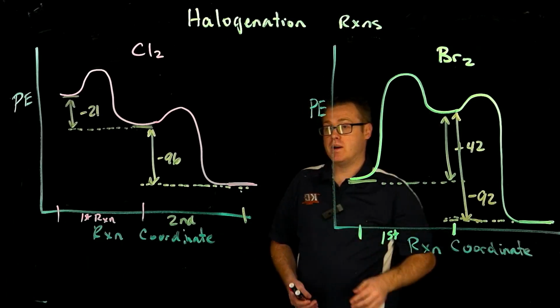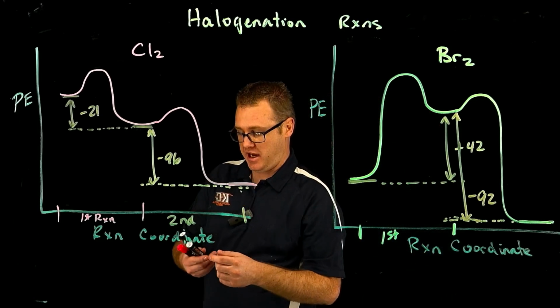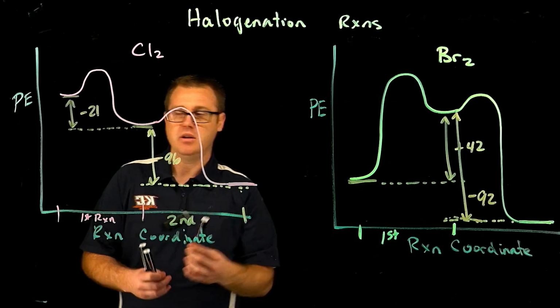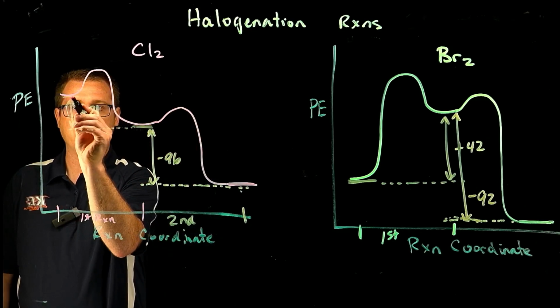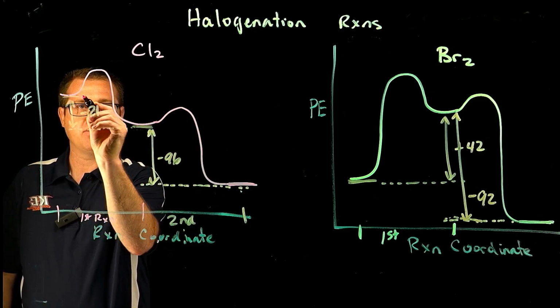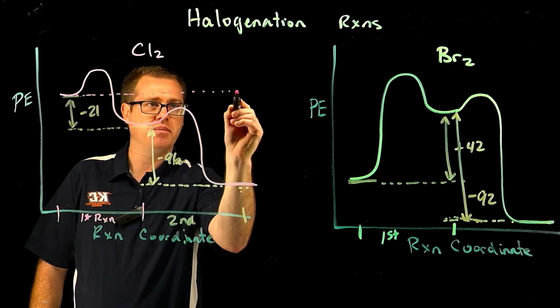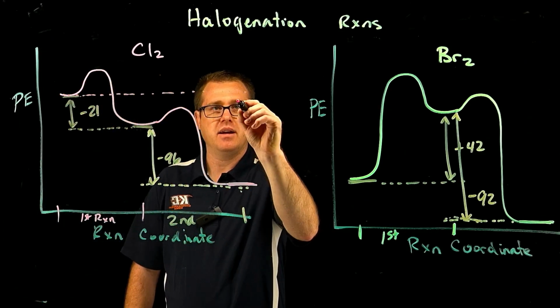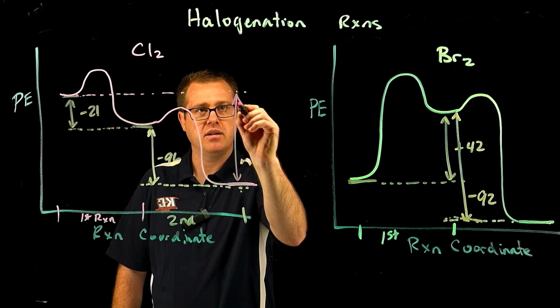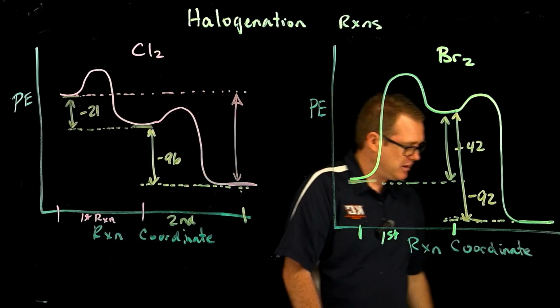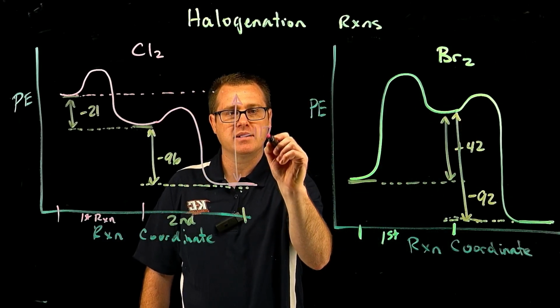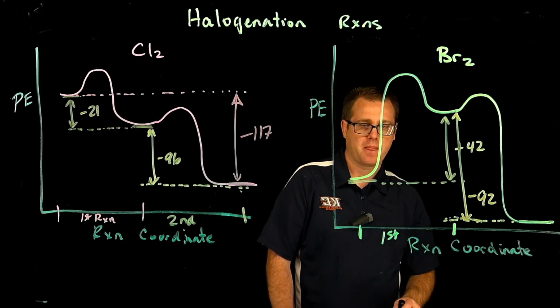So overall, what's the overall enthalpy change? Well, that would be the distance from here, so we'll extrapolate over there to there. So this distance there is what? That was the negative 117 kilojoules per mole.